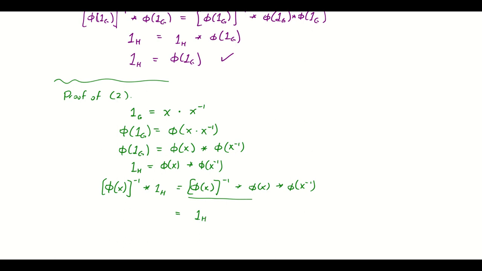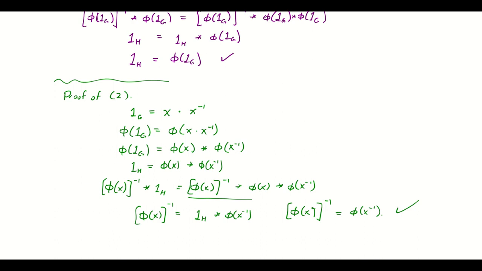And over on the left, I'm just going to be left with phi of x inverse, because this other element here is the identity. It's not going to do anything to this. So over here I have identity of H times phi of x inverse. And then at that point, I know that phi of x, all of that inverted, equals phi of x inverse. So I think I can check off property 2 now.